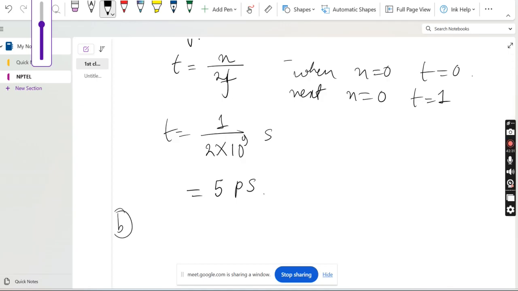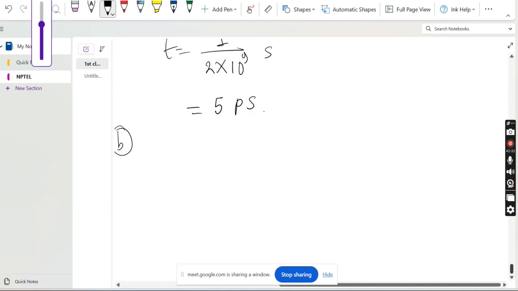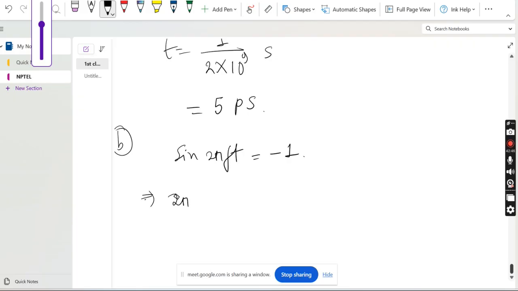Next, we will have a most negative value. So for that, we need sine 2 pi ft equal to minus 1. So the condition for sine 2 pi ft equal to minus 1 is 3 pi by 2 plus 2n pi.